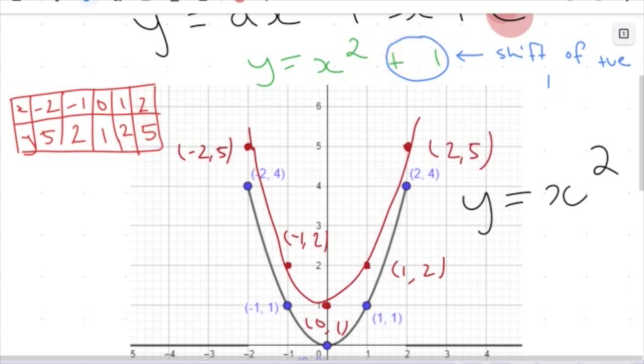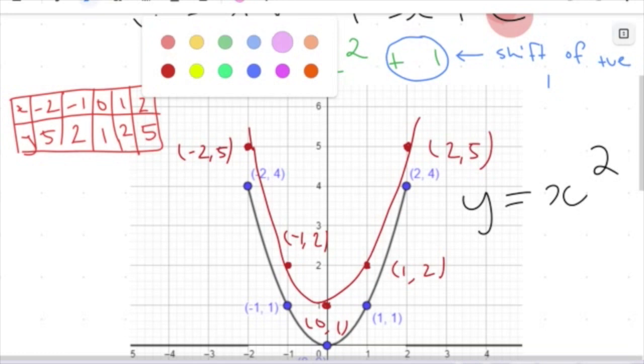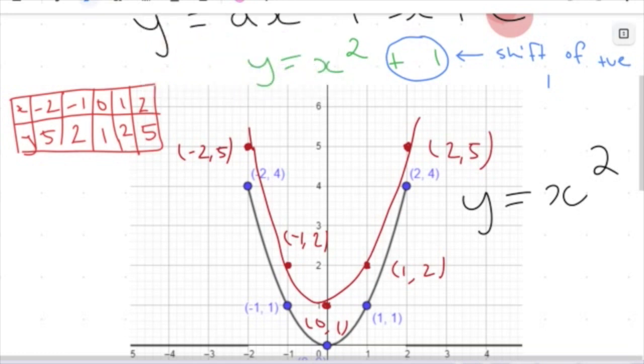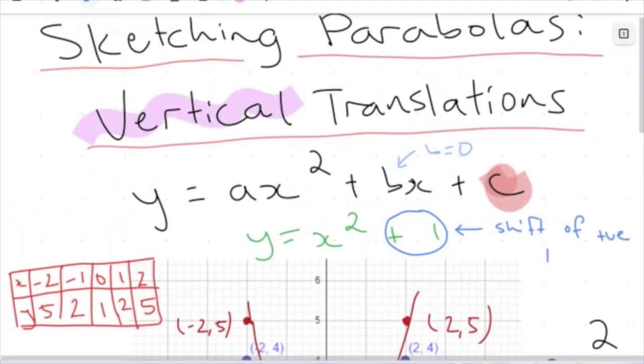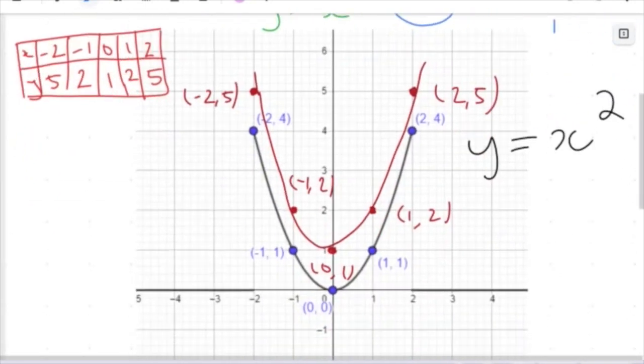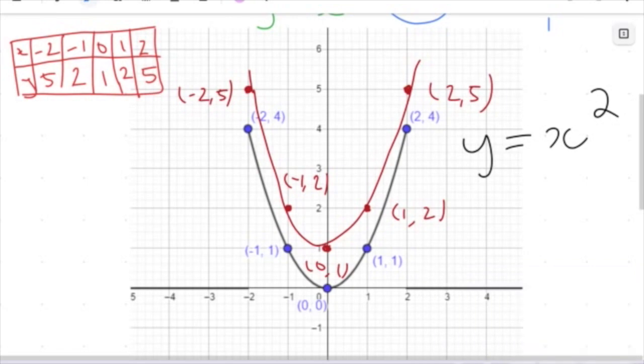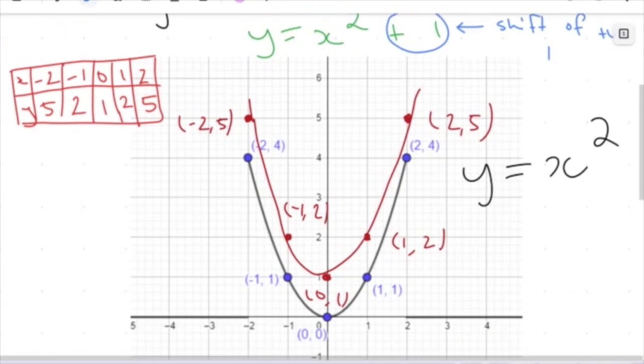And we can see what's happening based on just looking at all of the y coordinates. Remember, we're looking at vertical translations, and here everything has gone up. Up and down implies something vertical, not horizontal, so the vertical axis here is my y-axis.